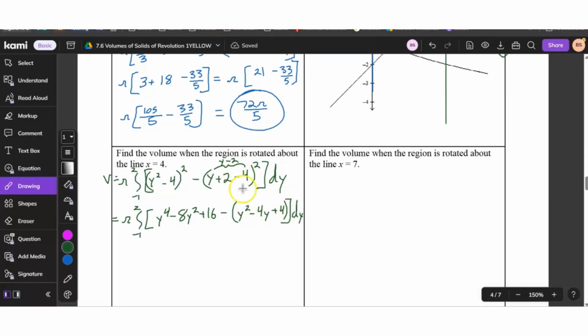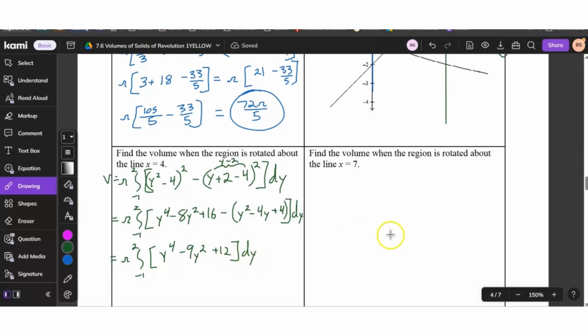And I'm just expanding those two perfect squares. That's all I did so far. Then I'm going to combine my like terms. There's only one y to the 4th, so that goes there. I've got negative 8y squared minus y squared. That's negative 9y squared. And 16 minus 4 is 12.